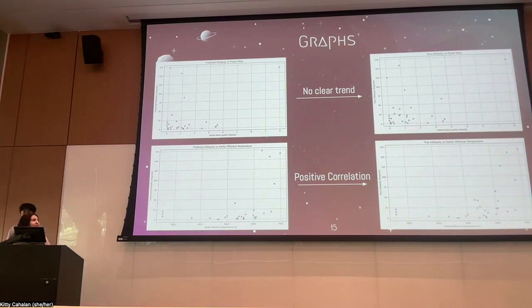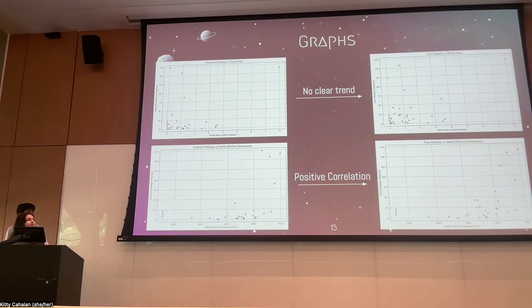Okay, so we plotted the true obliquities we calculated as well as their respective projected obliquities. And at the top, we did these values for planet mass, and we did not find any clear trends, which could imply that the process through which these planets got to be where they are and how they align does not necessarily rely on their mass.